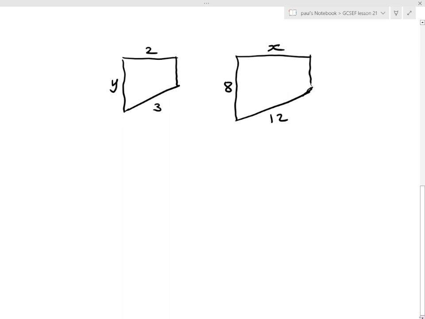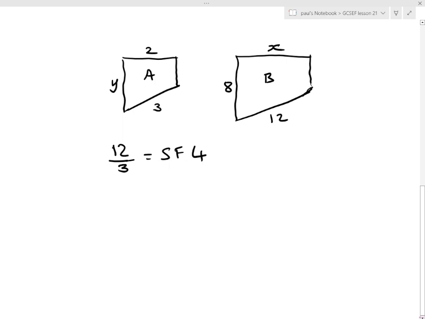So the scale factor between shapes A and B. To find the scale factor, we find the corresponding sides, which is 12 divided by 3, which equals the scale factor of 4. So according to our measurements, B is 4 times bigger than A. I know it doesn't look like it, but it is.